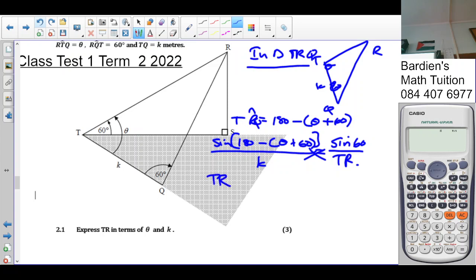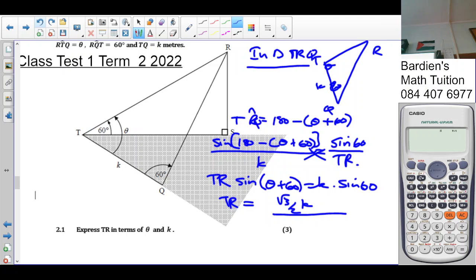Sine of 180 minus takes you to the second quadrant, so sine is positive. TR sine of theta plus 60 degrees equals K sine 60. I could have replaced sine 60 with root 3 over 2. So TR is equal to root 3 over 2 K divided by sine of theta plus 60. That's worth 3 marks.